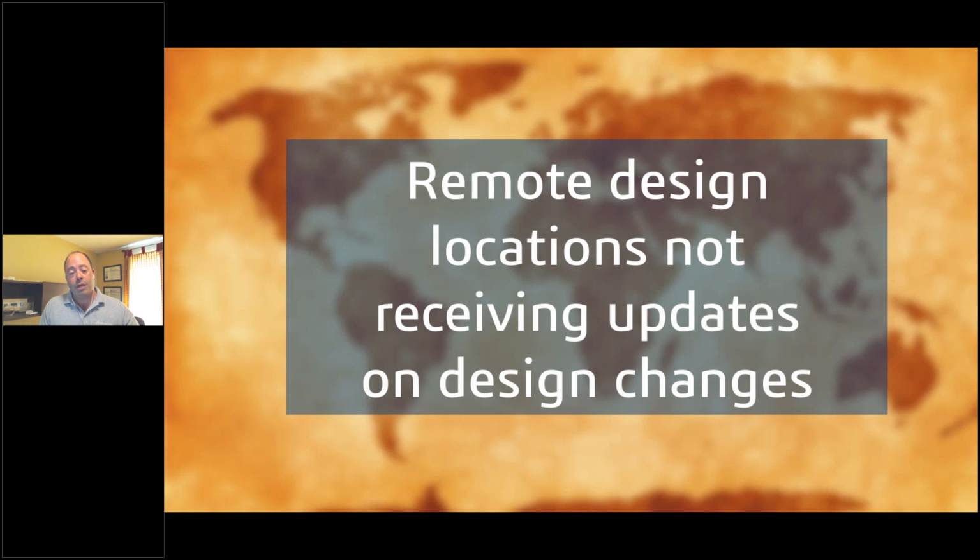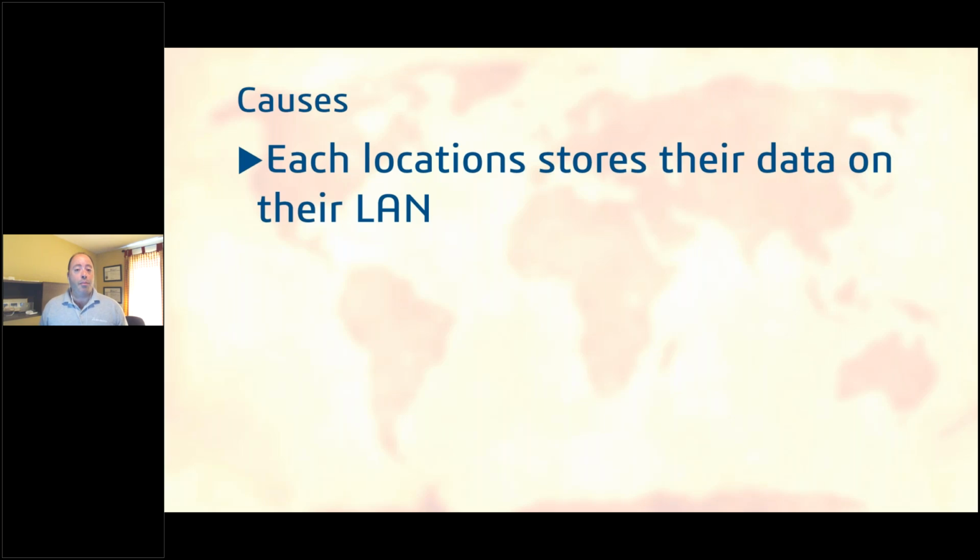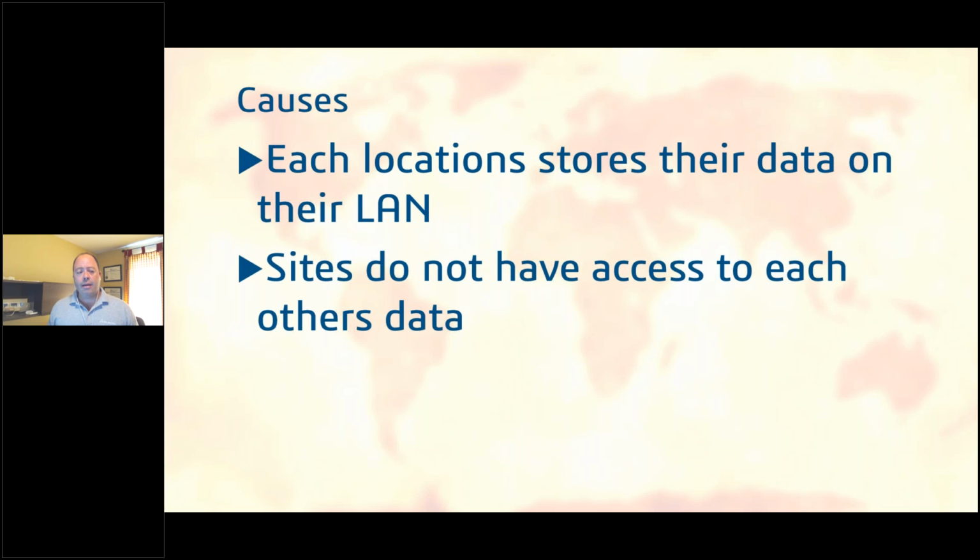The most common one is a PDF for manufacturing, right? So again, what are the causes of these types of problems? Well, if you're in a separate physical location, usually that location will have its own set of data on its own local servers, on its local area network. And then the sites don't have access to each other's data.